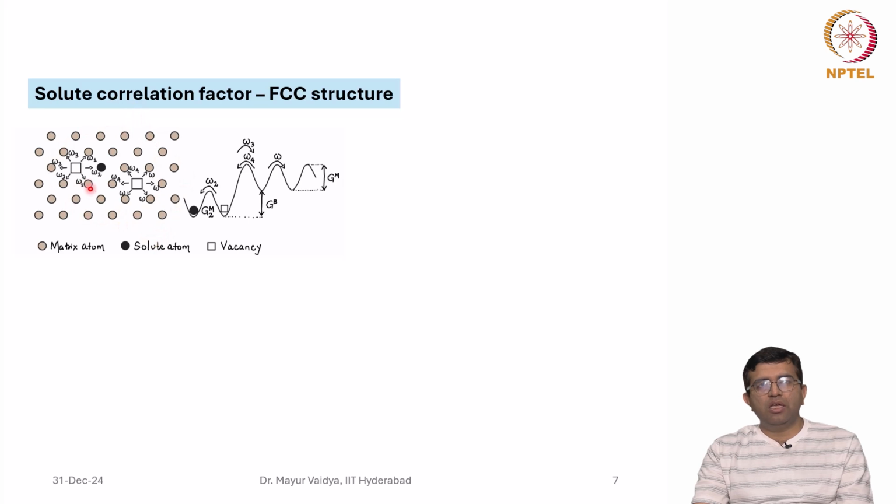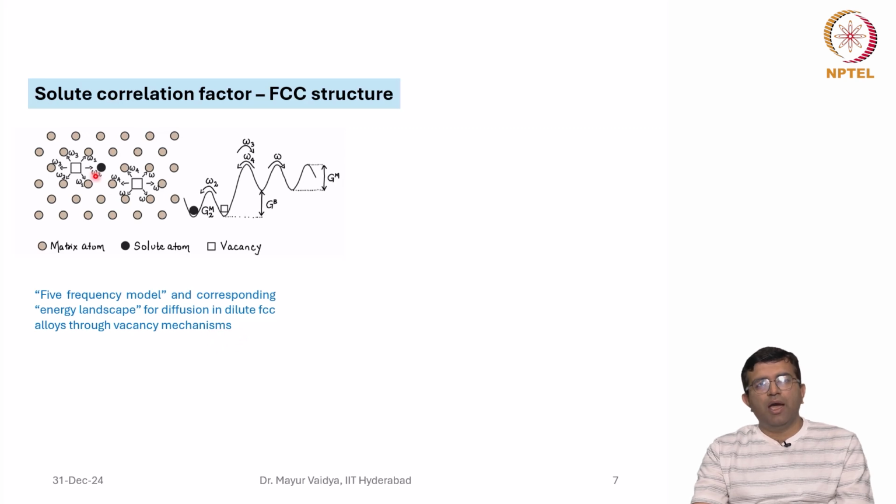This is a vacancy, and here are the various interactions that are represented. Now, what are these? This is called a 5-frequency model, and here is the corresponding energy landscape for diffusion in dilute FCC alloys through vacancy mechanisms. And you see here it is written omega 3, omega 2, omega 1, omega. What are these? Let us see.